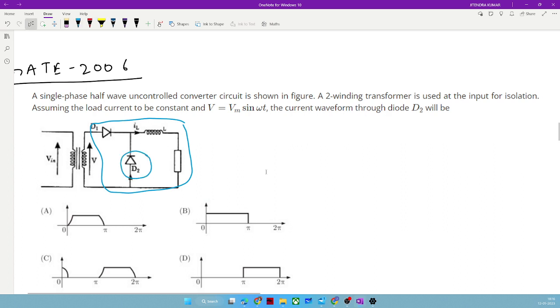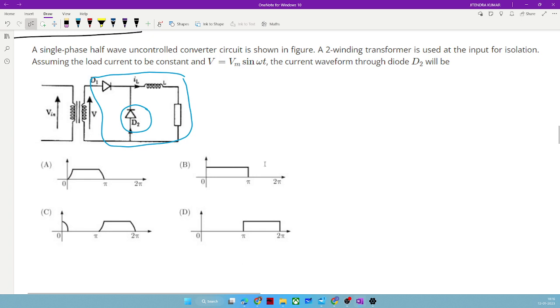Though I haven't discussed any freewheeling diode operation or any kind of waveform, the next topic which I am going to discuss is the semiconverter. There you will get a proper idea of how freewheeling diodes work. But it is very intuitive, right?